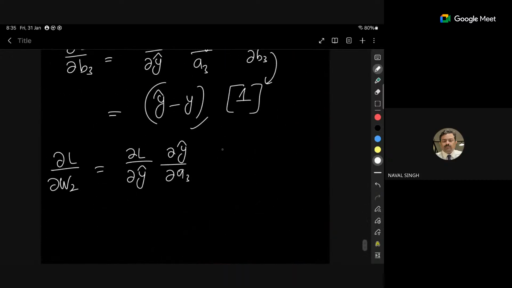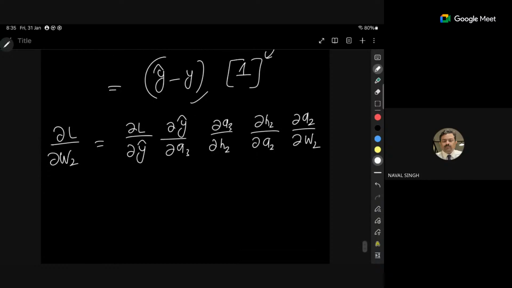I will go with respect to H2. Then H2 is connected with A2, right? Then A2 is the one which is connected with W2. Okay, so this is how you get the chain, and this part we know, y hat minus y, so we'll not do anything with it.